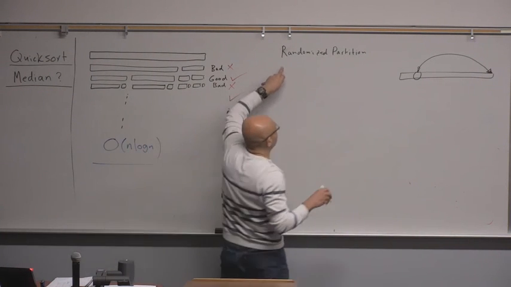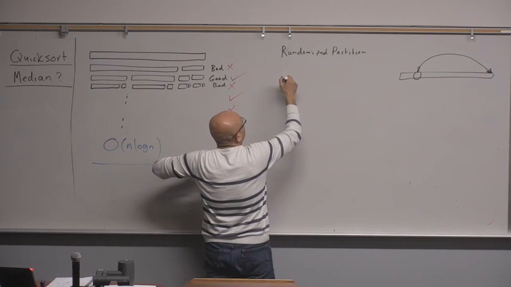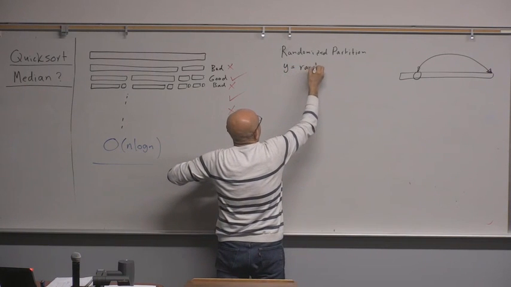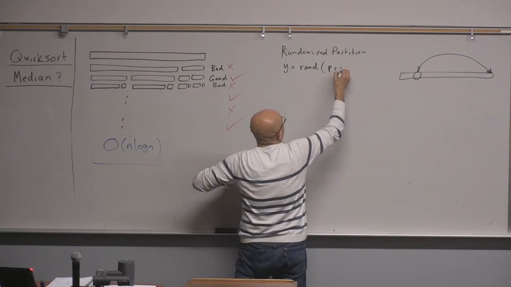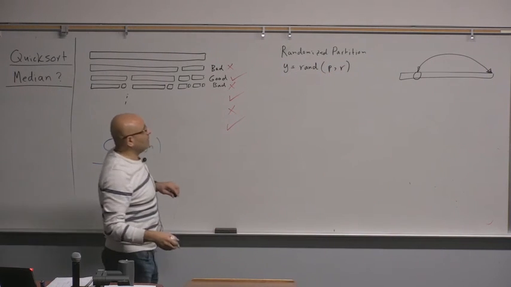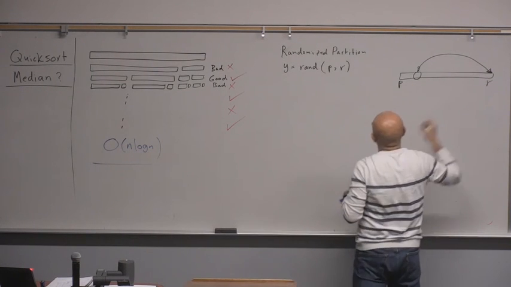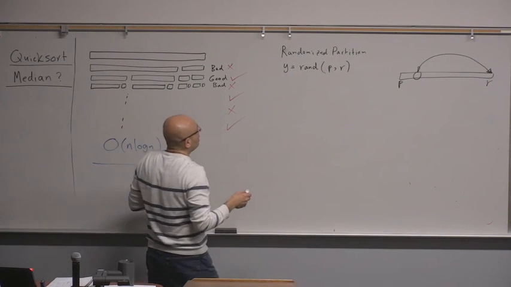So the way you implement this is that you say, let's call it y equals random between p and r. So get a random number between p and r. This is p, this is r. So it gets you an index between p and r.